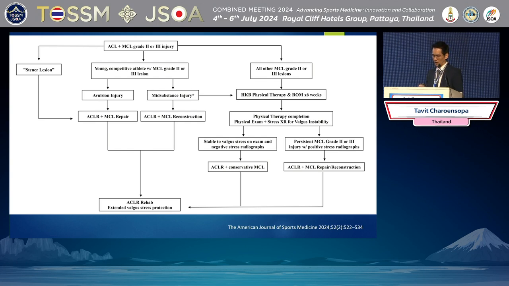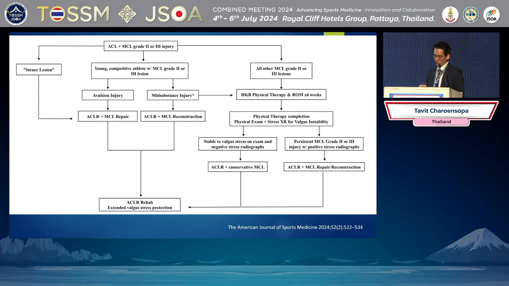First, you do the MCL reconstruction combined with the ACL reconstruction. The second choice, you can treat the MCL conservatively with the hinge knee brace, then reassess. If there is persistent valgus instability, you should do the ACL reconstruction with the MCL reconstruction. But if no valgus instability, just do the ACL reconstruction only.